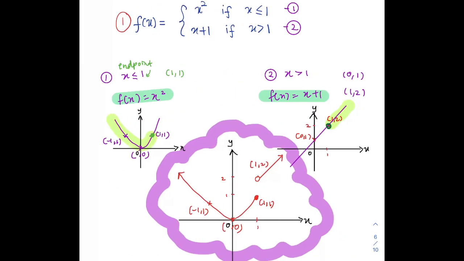Now, the question wants us to state the domain and range. So let's start with finding the domain. The way to write your domain is D, x equal to, so let's find where the graph of x exists. This one is going to negative infinity, so this is all included. Up to this point here at x equal to 1, this is not included, but this is included, so you can still go on.